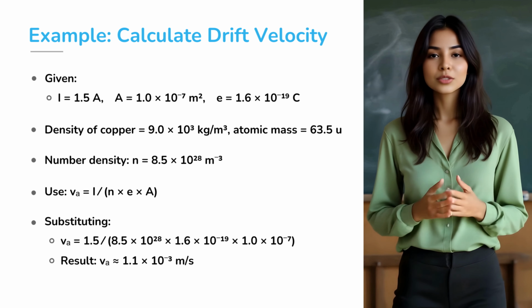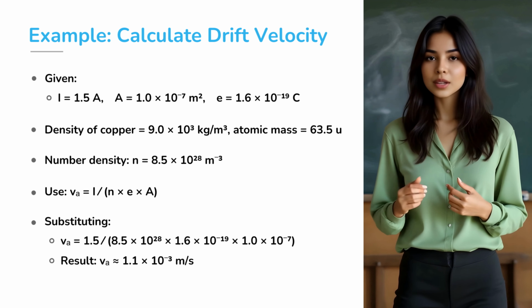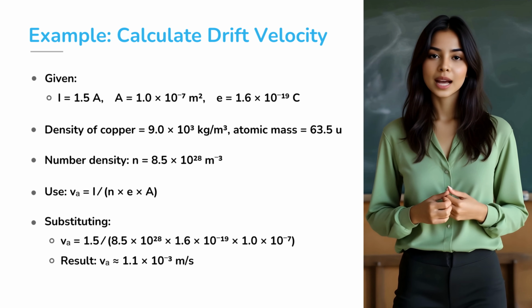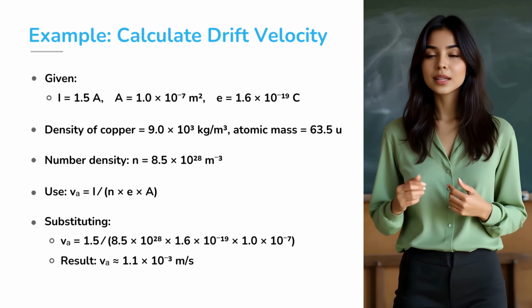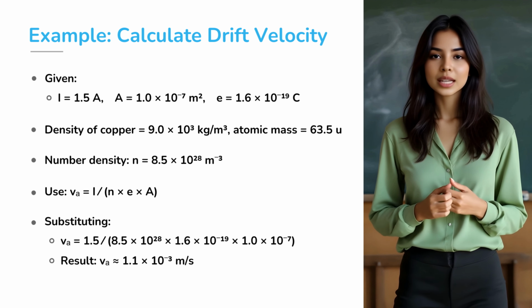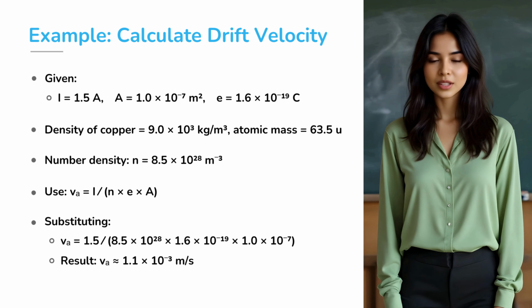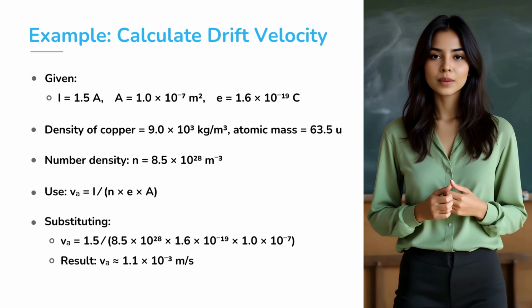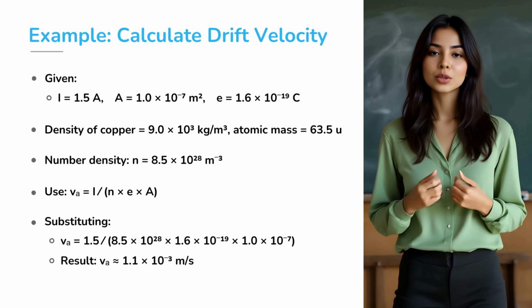Let's try out these formulas with a real example. A copper wire of area 1.0 times 10 to the power minus 7 meters squared carries a current of 1.5 amperes. Given e equals 1.6 times 10 to the power minus 19 coulombs, n equals 8.5 times 10 to the power 28 per cubic meter, we use the formula V sub d equals I divided by n times e times A. Substitute the values.